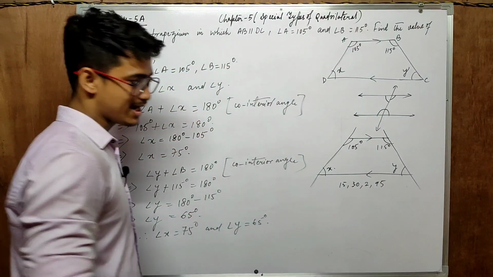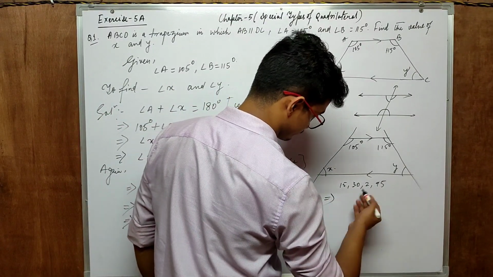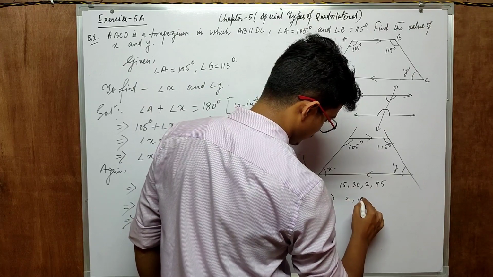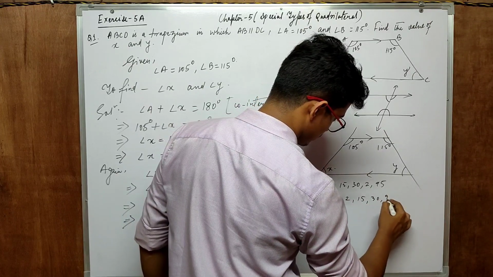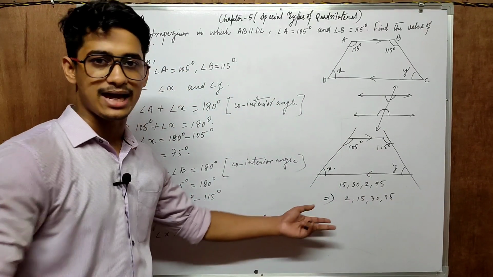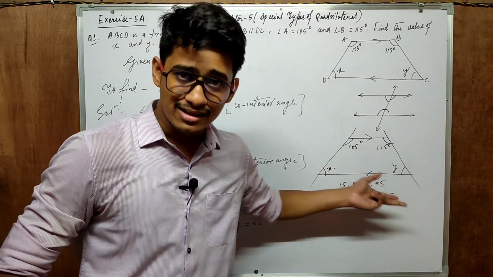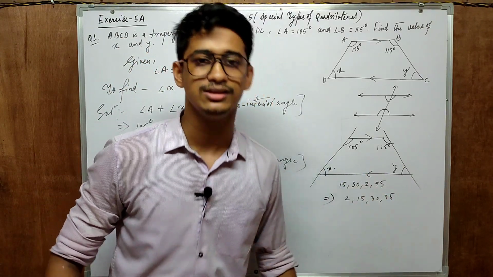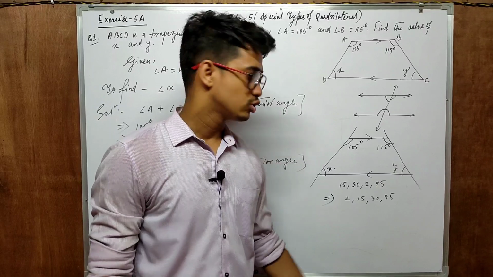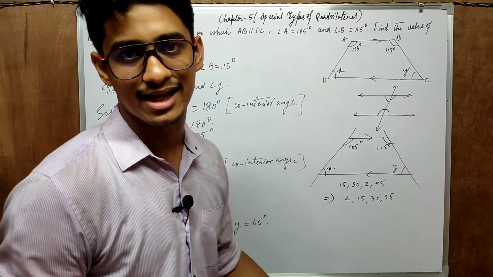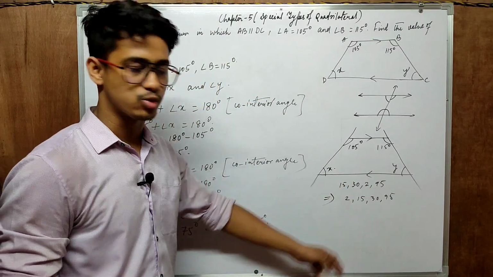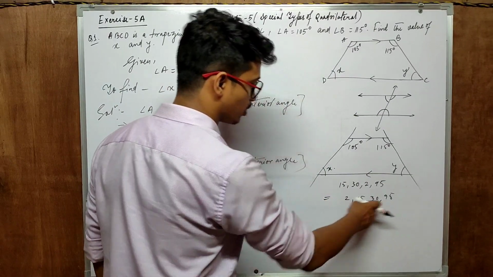What they are doing is putting an imply sign over here. First one is 2, then 15, then 30, then 95. There is no meaning of implies because there hasn't been any equation forming, right? So you don't need to put an imply sign. This statement is not implying this one. This is exactly equal to this one.